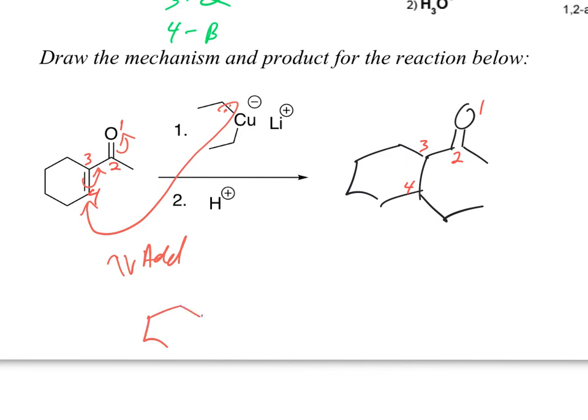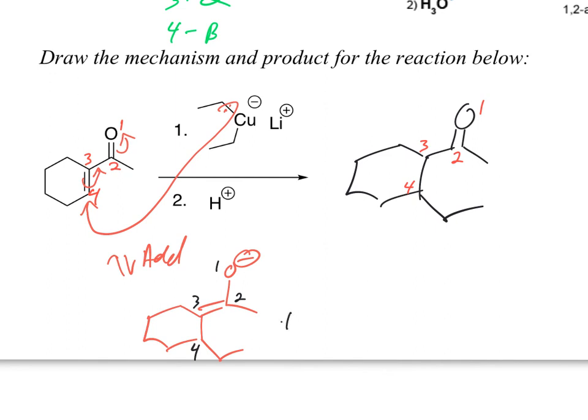That gets us to this enolate. All right, let's renumber those carbons and atoms. 1, 2, 3, 4. Only adds in once, so this is this enolate. And now we're done. There's nothing really else we can do.